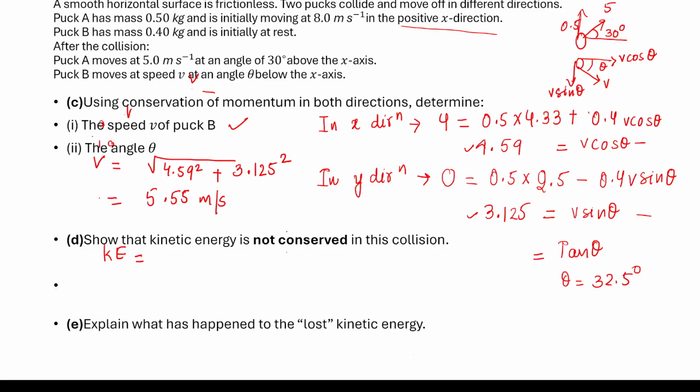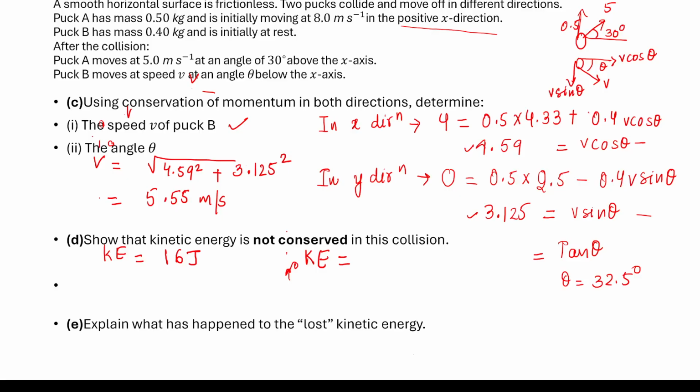So before collision is 16 joules, and after collision is both. Remember, kinetic energy is not a vector, so you don't need to consider the angle, just calculating the speed, and the final speed of this one is 5.55.